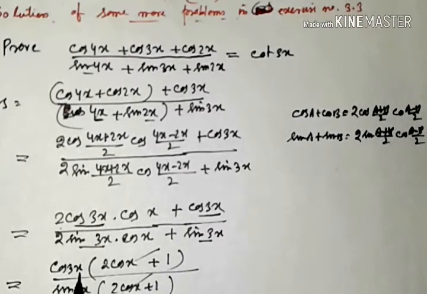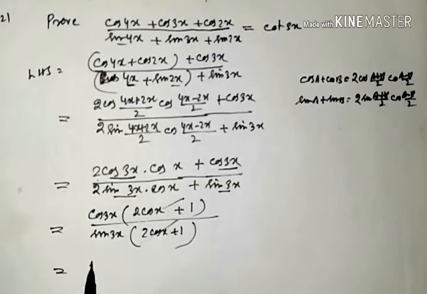Therefore we get cos 3x by sin 3x, which is cot 3x, and this is the RHS. In this way you can easily prove it.